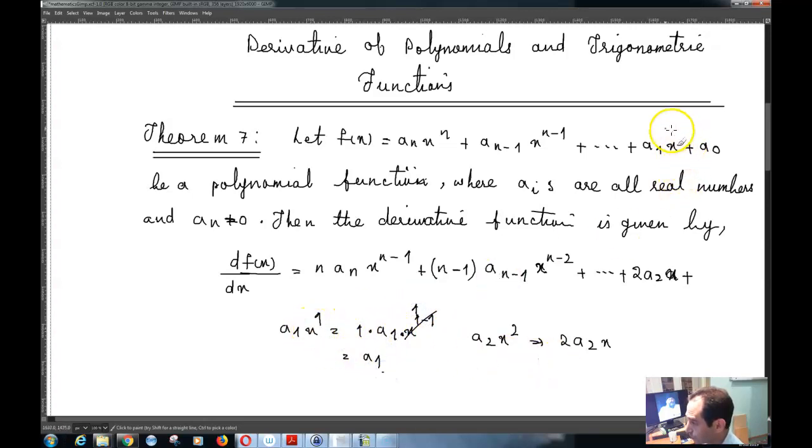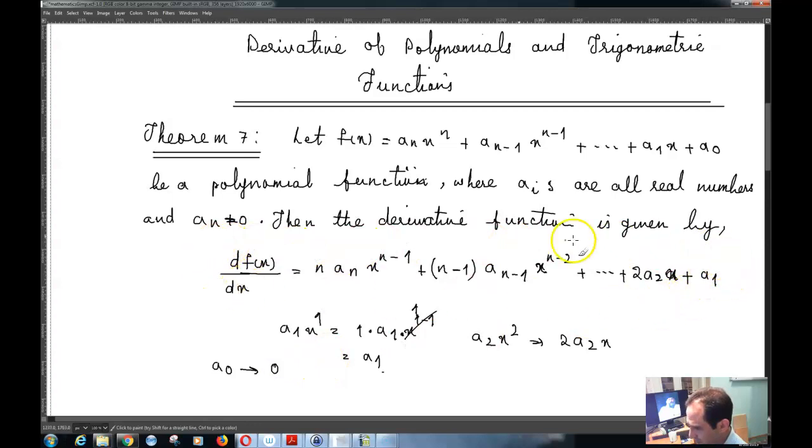So the derivative of this term becomes a of 1. And then a of 0 is just a constant, and the derivative of a constant is of course 0.